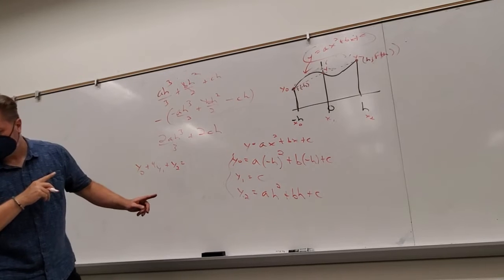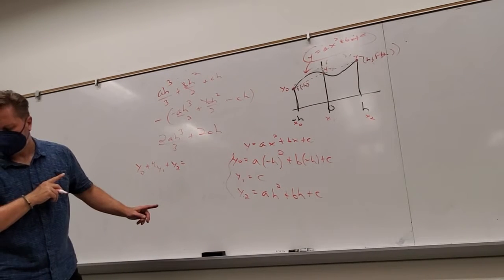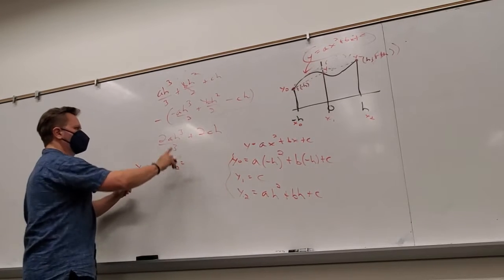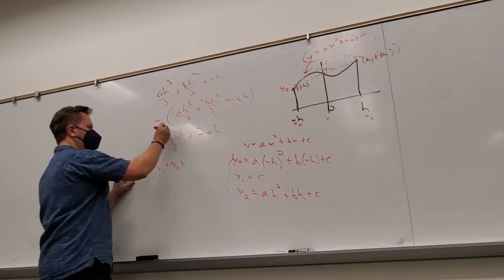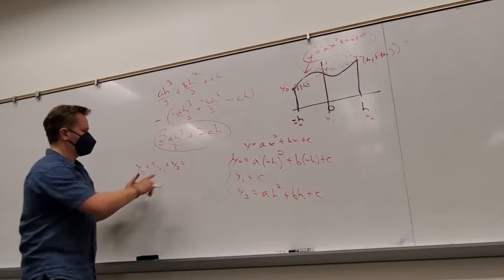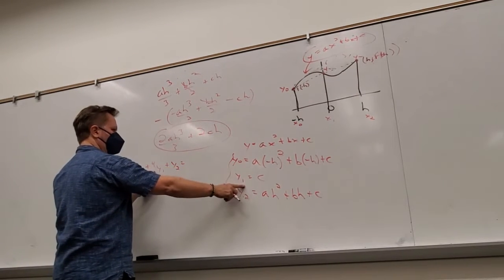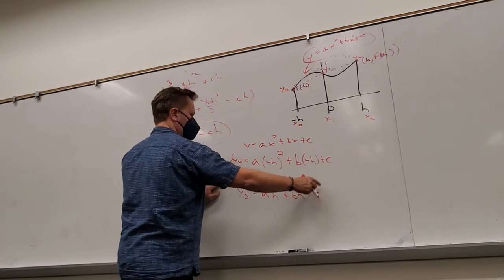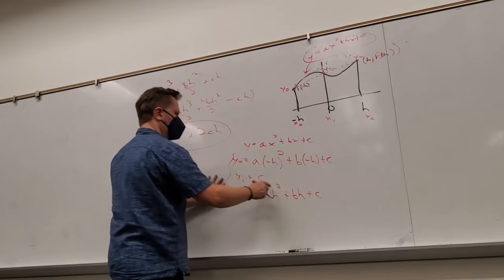I think we get, yeah, this is the connection that is hard to get to. Because of this result, if you took one of these plus 4 of these, if you just add these together, you get 2c.